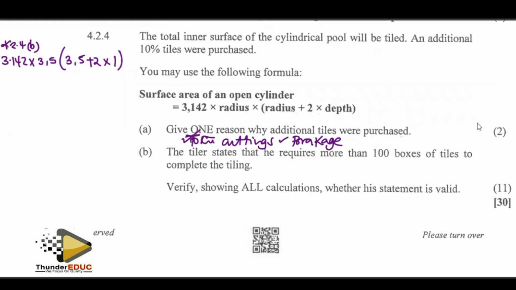We have 3,142 times 3,5, which is 10,997, times 5,5. So this is 60,8435 meters squared.